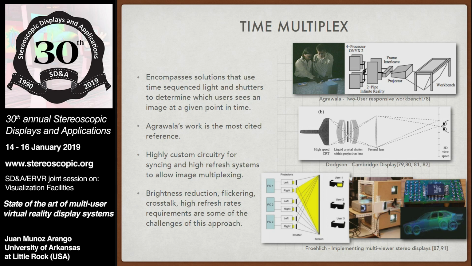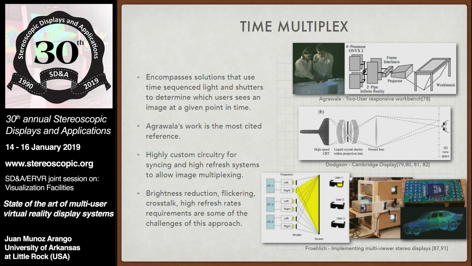They don't lose resolution, but brightness is affected because at some point in time you don't see anything. You're fully shuttered, and then the other person sees, and then the next time you see, but the other person doesn't.